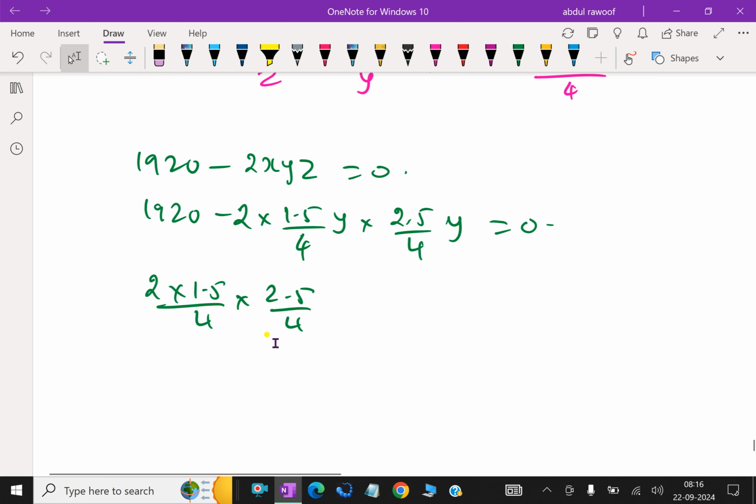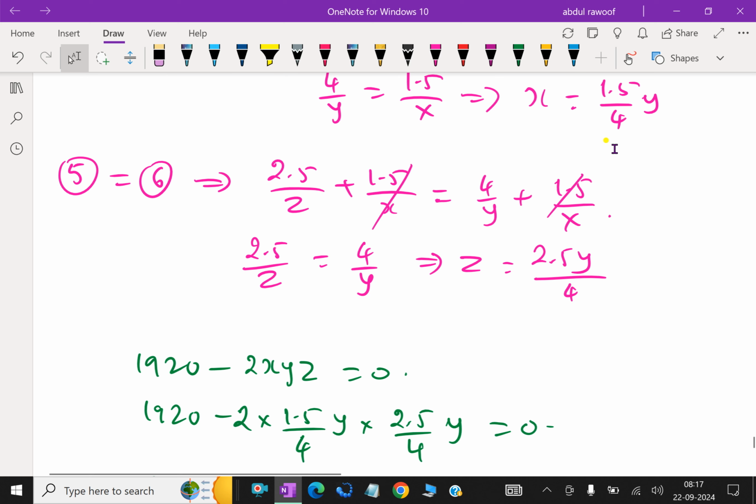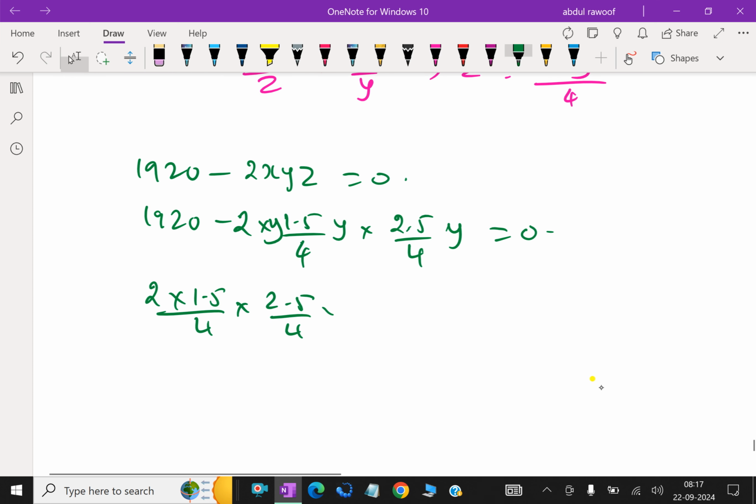What is the x value? X value is 1.5 over 4 y, and z is 2.5 over 4 y. So 2 into x value, 1.5 over 4 y, then y, and one more y, into 2.5 over 4 into y cube equals 1920.